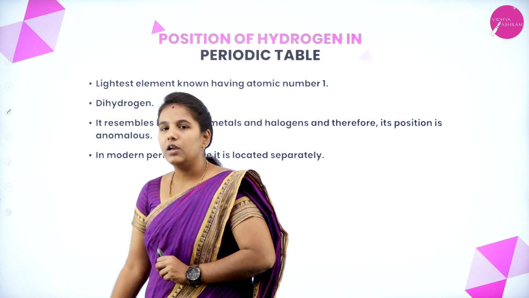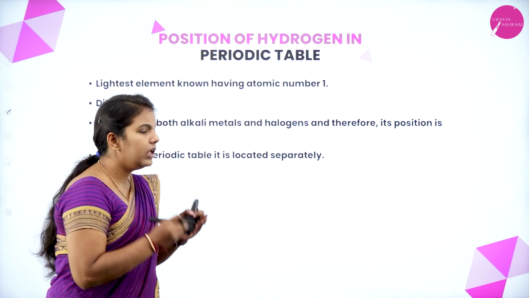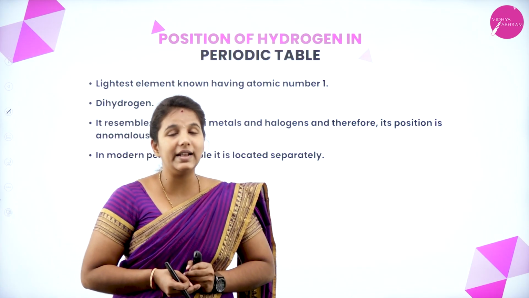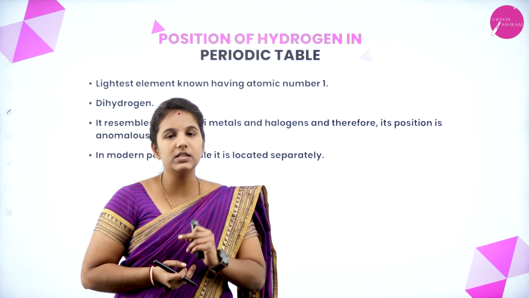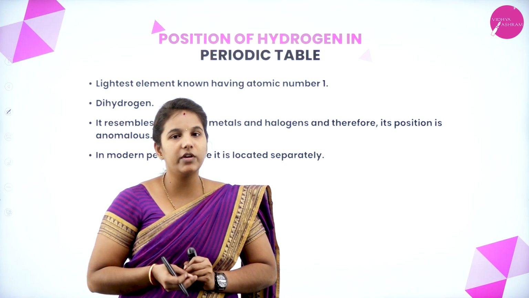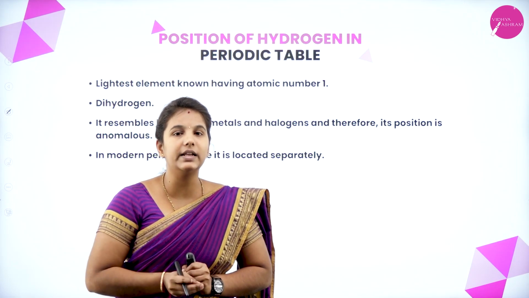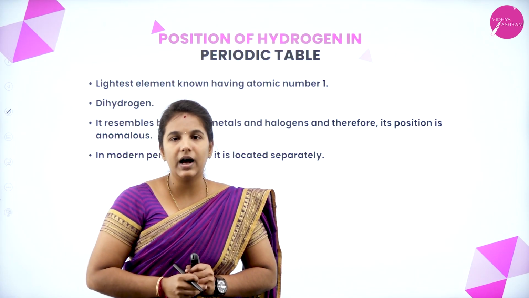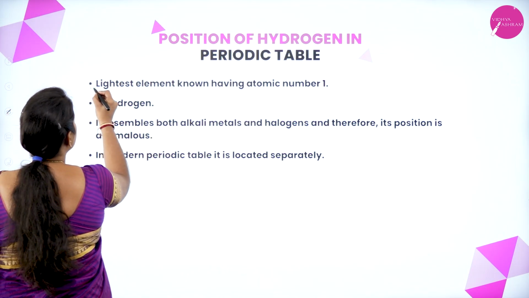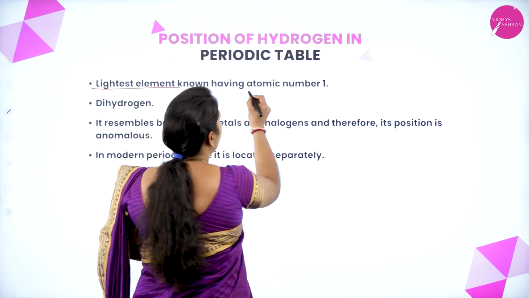So let's see the position of hydrogen in the periodic table. We all know that in our periodic table, there are 118 elements. The first and foremost element is hydrogen. Is it right? Hydrogen is the first element and it is one of the lightest elements when compared with the other groups of elements. Yes, it is the lightest element known, having an atomic number of 1.